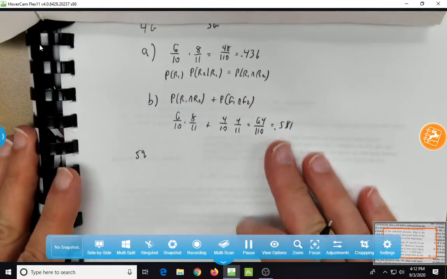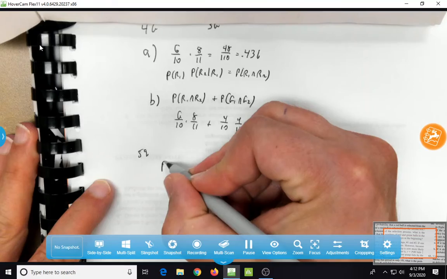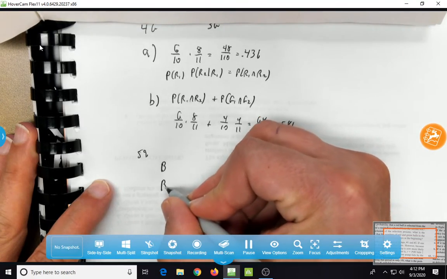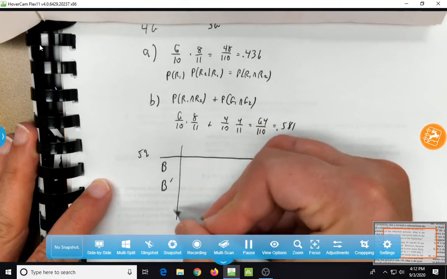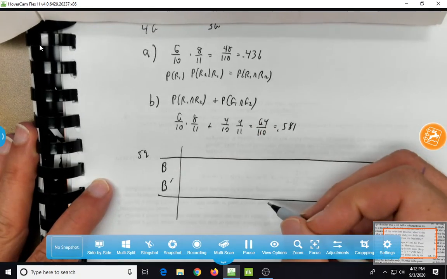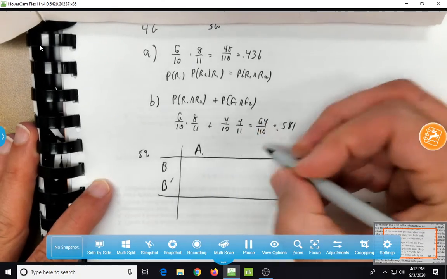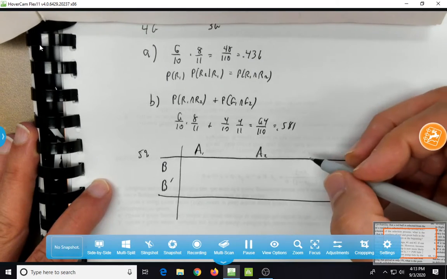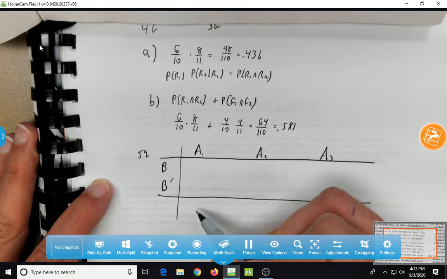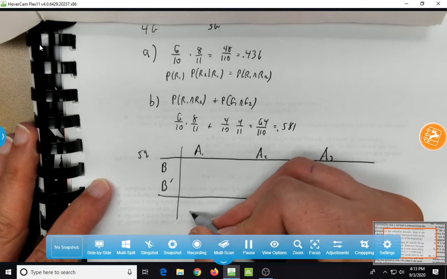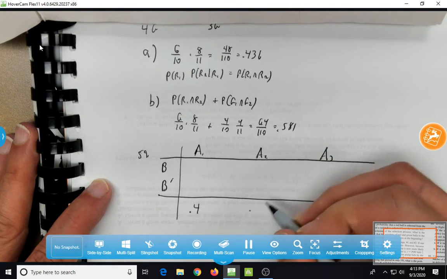In the table, I'm going to have B, those that fill the tank, and those that don't fill the tank. And going across, I'm going to have A1, those who use regular, A2, those who use plus, and A3, those who use premium. I know that the probability of A1 is 0.4 because 40% use regular.